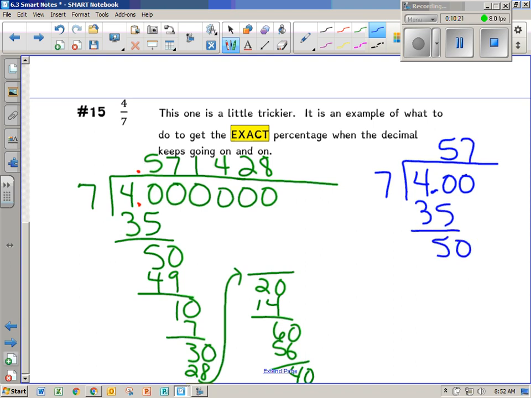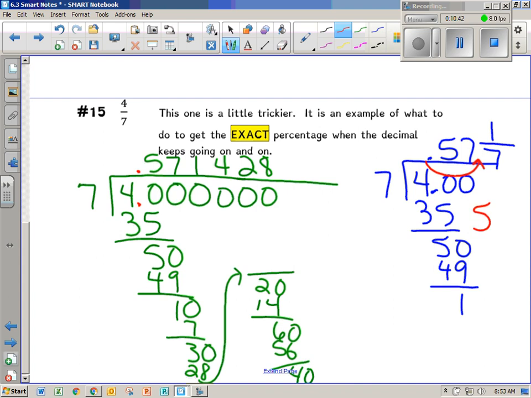Catch up to where I was. Oh wait, that's right there. 7 times 7 is 49. And I'd stop right here and pretend that this is just whole numbers for a minute, where you take your remainder and put it over your divisor. Then you can convert it to a percentage. So you're going to shift the decimal 2 places.